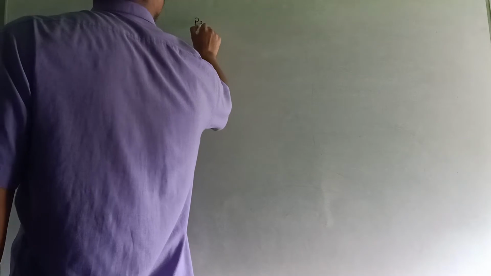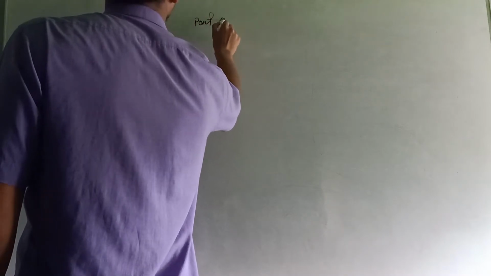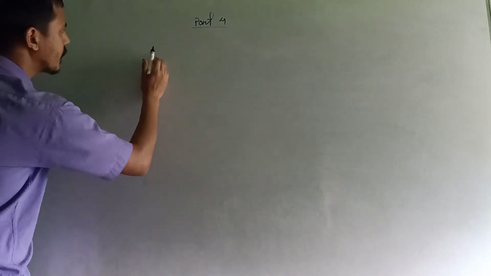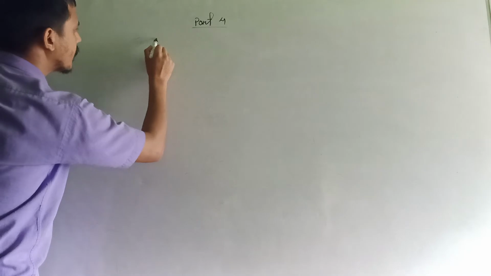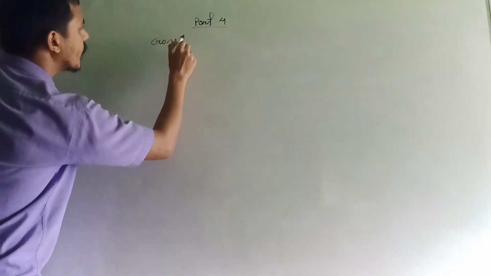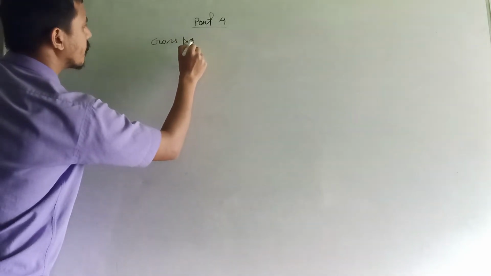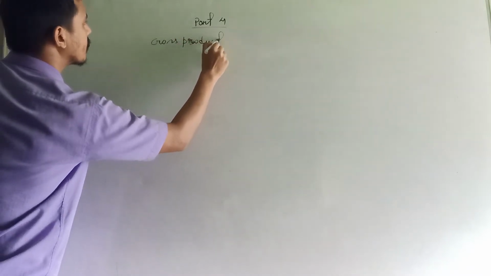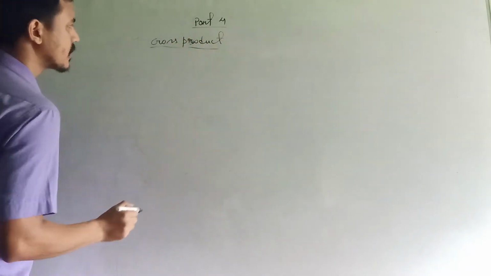Cross product. So vector algebra, part 4 of the class, okay, 4th class on vector algebra. And then let us look into what is cross product of two vectors. Lots of things are required here.